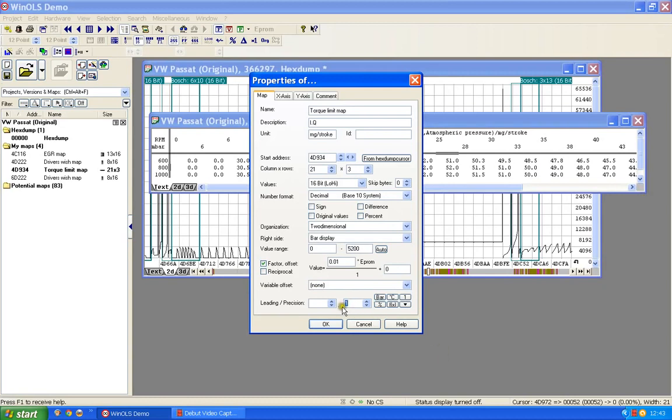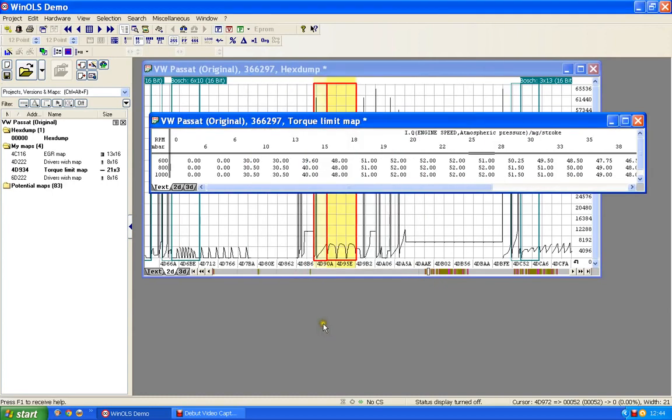If we allow for 1, then you can see we've got 1 decimal place. If we allow for none, we've got no decimal places, or we can go for 2. In this particular case, it's debatable whether you need 1 or 2, but I'll leave that as 2 for now. So I'll accept that as 2 and say OK.